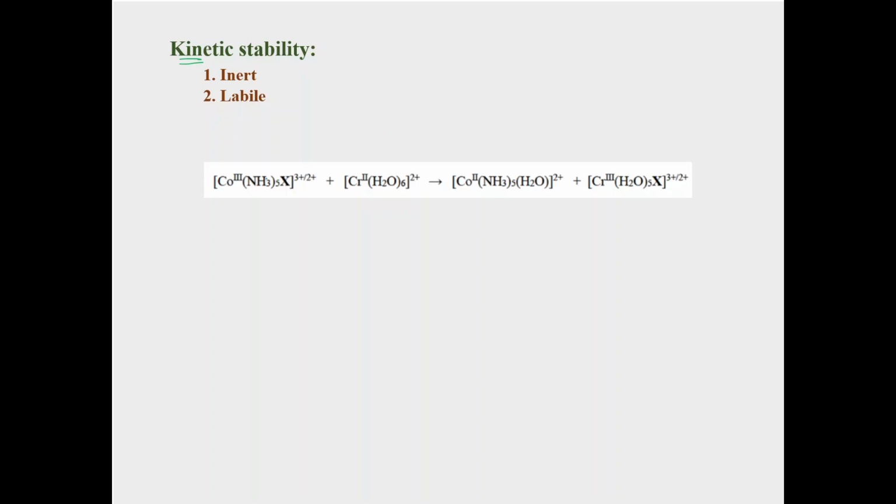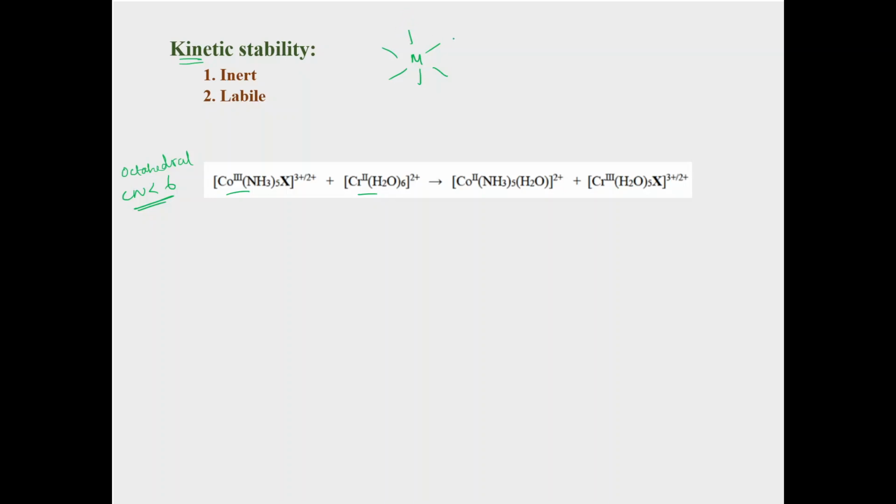Here, the two complexes given are this cobalt complex and this chromium complex, and both are octahedral complexes. A complex will be labile if the coordination number is less than 6, that is, if it is coordinatively unsaturated. And how do we say whether it is inert or labile? In an octahedral complex, the ligands approach the metal center from the axis.